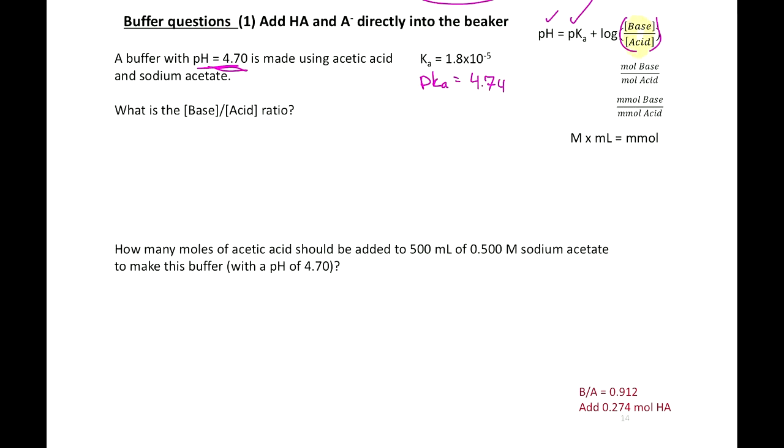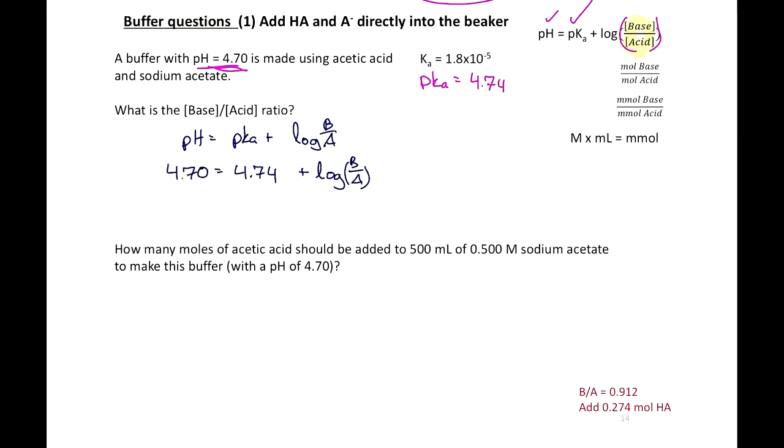So pH equals pKa plus log base over acid. That's what I'm solving for. So 4.70 equals 4.74 plus log base over acid. So I'm solving for that fraction in the logarithm.